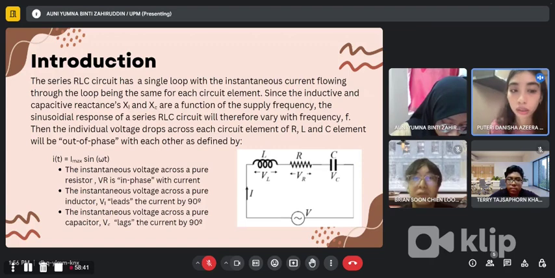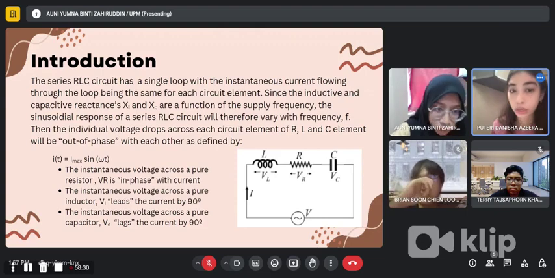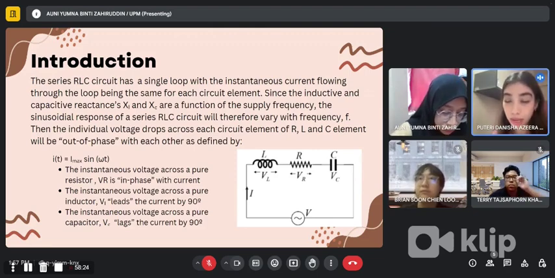Then the individual voltage drops across each circuit element of R, L, and C will be out of phase with each other. And this is defined by i(t) equals I max sin omega t.